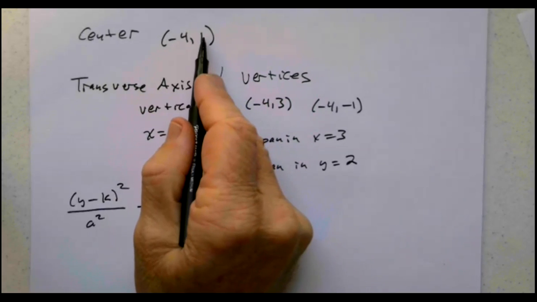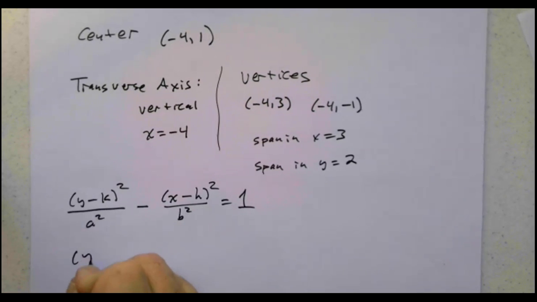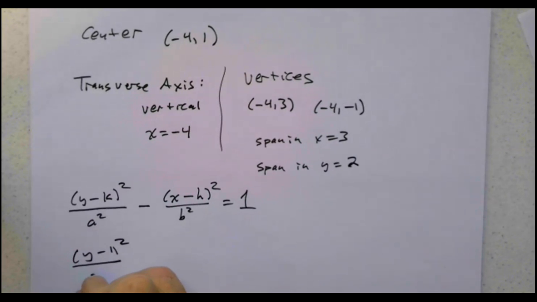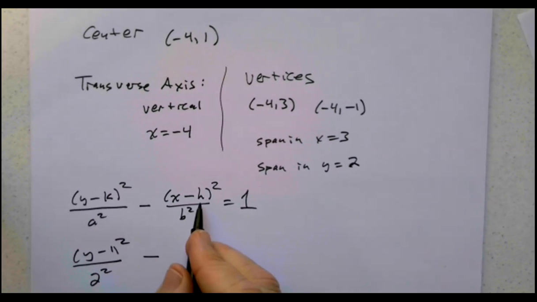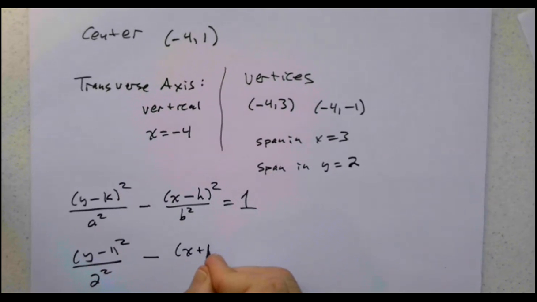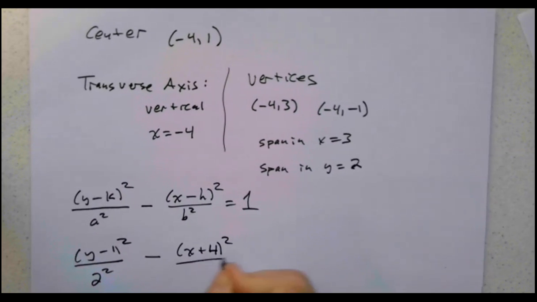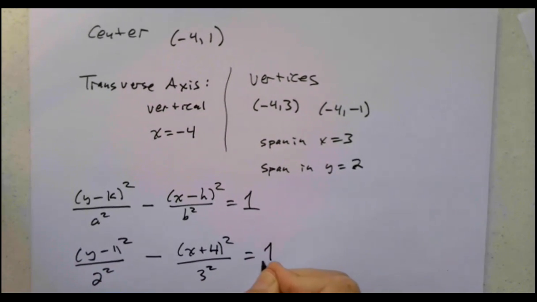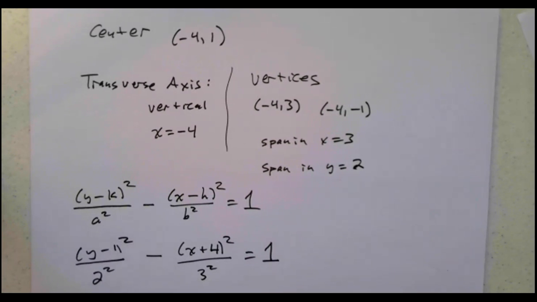My center is -4, 1, so y minus 1 squared over what is my span in y? Span in y is 2, over 2 squared, minus x minus h, x minus -4, that's x plus 4 squared, over b squared. B is the span in x, 3, over 3 squared, equals 1. So we believe this is our equation.